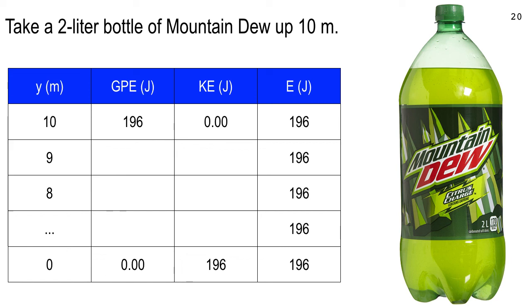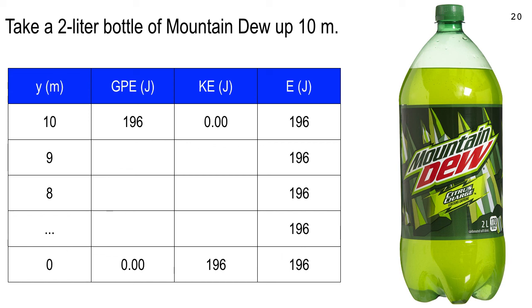Here's another way to think about it. Halfway between 10, so at 5 meters, you've got 50% kinetic energy and 50% potential energy. So that would be, what was it, 109.4? No, it's 196.